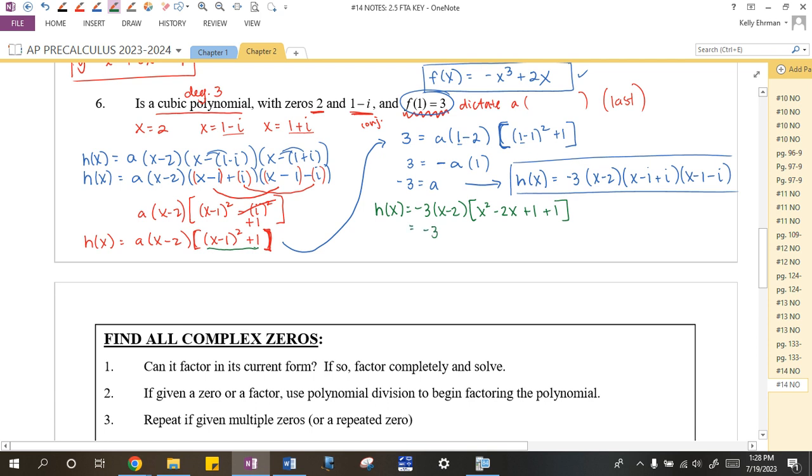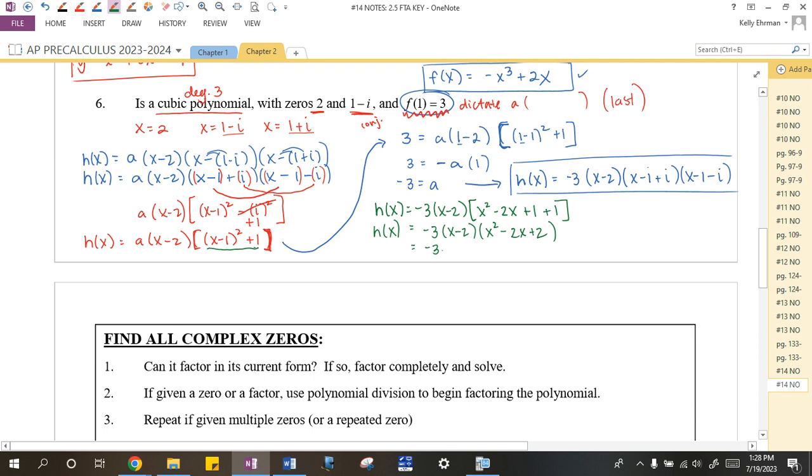This is negative 3 times x minus 2 times x squared minus 2x plus 2. Now, we don't save ourselves from a little bit of slogging, like multiplying this through, but this binomial times this trinomial is much better, in my opinion, than keeping track of trinomial times trinomial with i's and stuff.